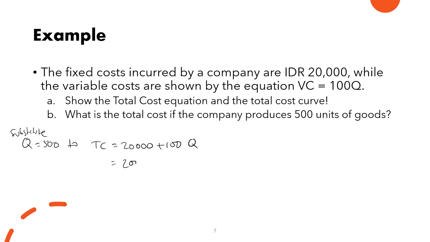So that will be 100 times 500, that is 50,000. So this will be 50,000 and that will become 70,000 IDR cost. Okay, got it? Very good.